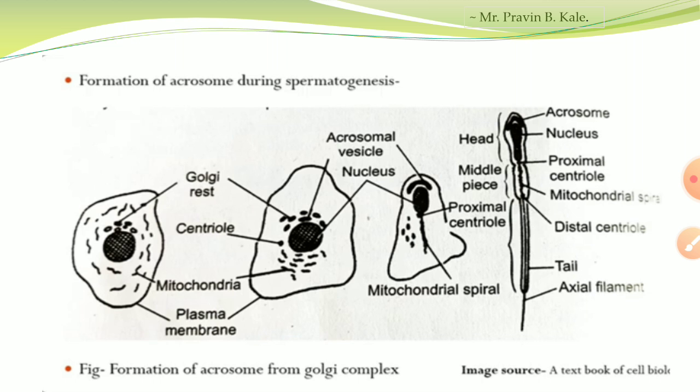See in this diagram, the Golgi rest, then the nuclear membrane collapse and formation of the sperm. The sperm regions are the head, the middle piece, and the last one is the tail region.